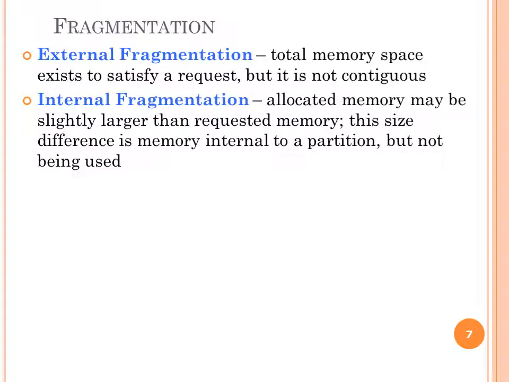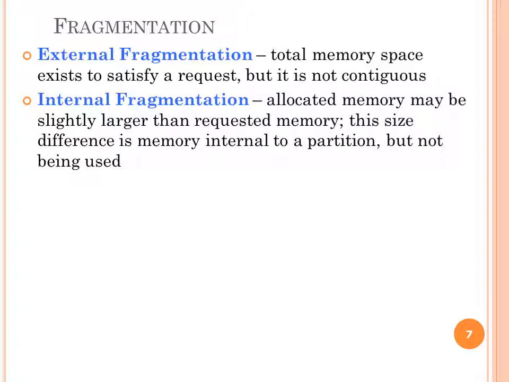Fragmentation is the leftover memory during the allocation method. There are two types of fragmentation: external fragmentation and internal fragmentation. External fragmentation means the total memory space exists to satisfy a request, but it is not contiguous. Internal fragmentation is when allocated memory may be slightly larger than requested memory.